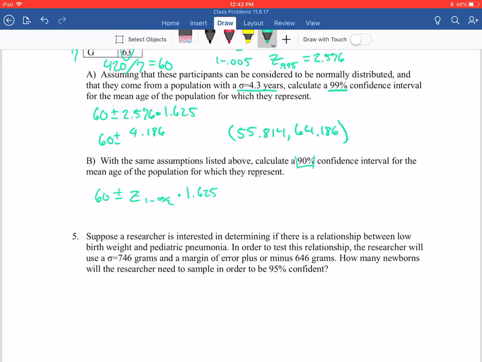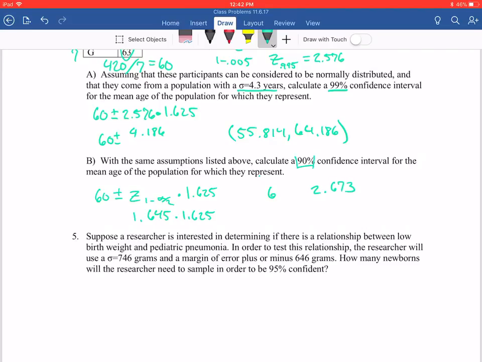So what we have to do is figure out what our new z of 1 minus alpha over 2 is. This one I'm going to use just looking in the book. When you look in the book at a 90% confidence interval of 1 minus alpha over 2, you get a value of 1.645. You multiply that times 1.625, and you're going to get a value of 2.673.